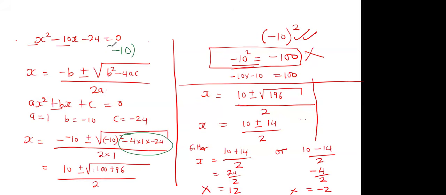Negative 10 squared is the same as negative 10 times negative 10. Negative times the negative is a positive. 10 times 10 is 100. But sir, the one I'm talking about is outside, not the one with the square. This B one, outside? Yes.